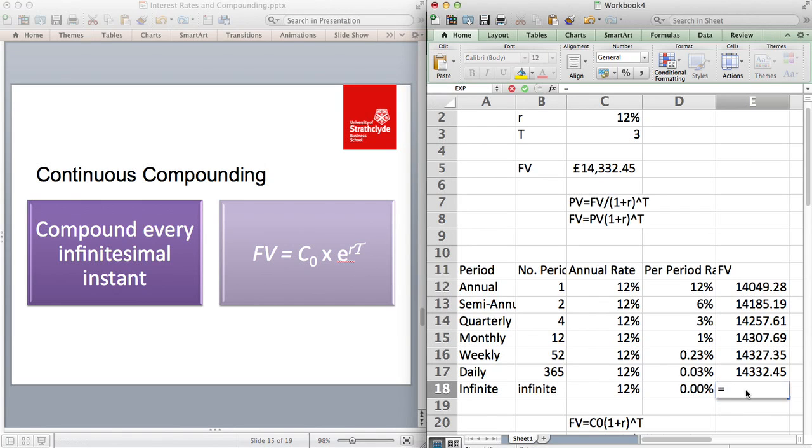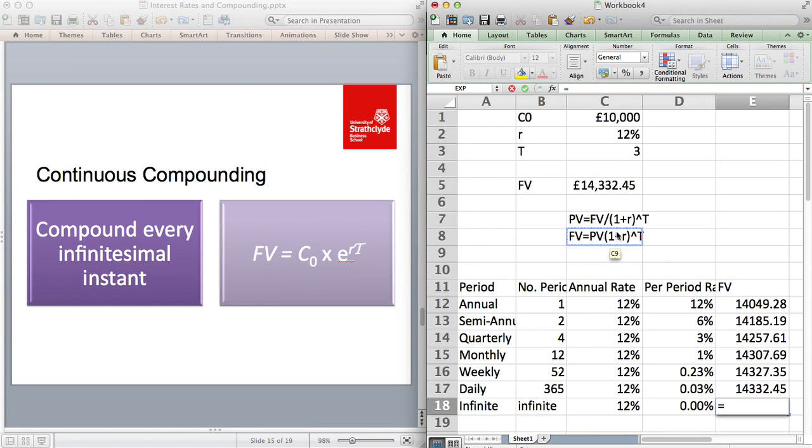It means we have to use this formula here. This formula here would be applying it exactly the way it's set. It's equal to 10,000 times exp to the power r. What's r? R is equal to 12%.